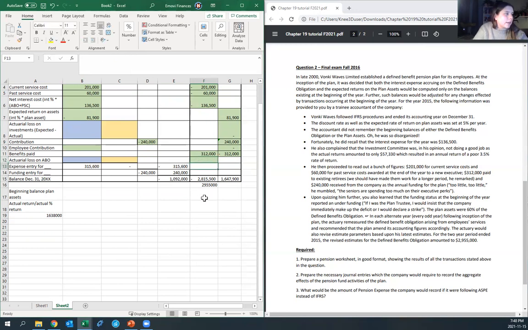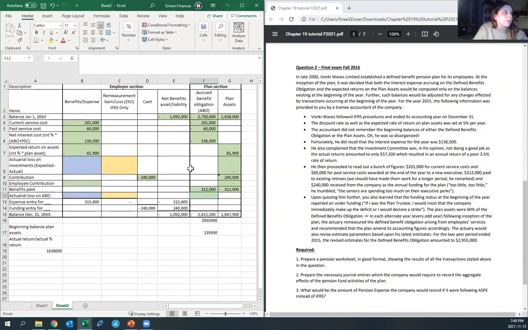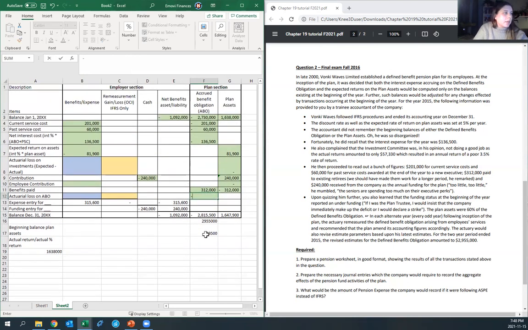I'm going to calculate it separately just in case. Yeah, so you have to increase your DBO by this amount. I'm so sorry about my words. Can't say the numbers today.